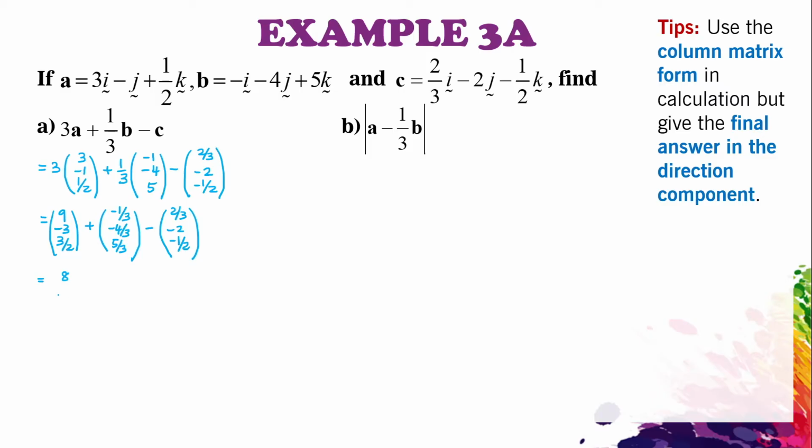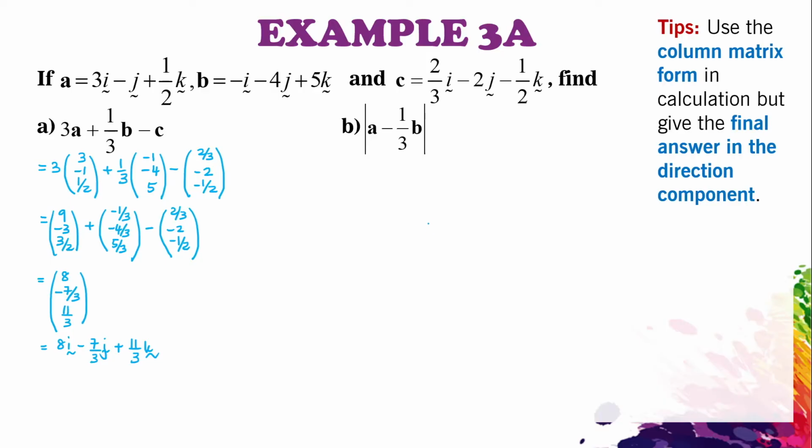At the end, we're going to have 8, negative 7 over 3, 11 over 3. And we change into the direction component form. We're going to have 8i minus 7 over 3 j plus 11 over 3 k.